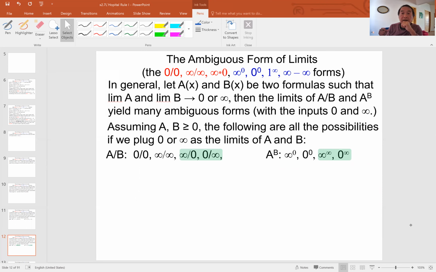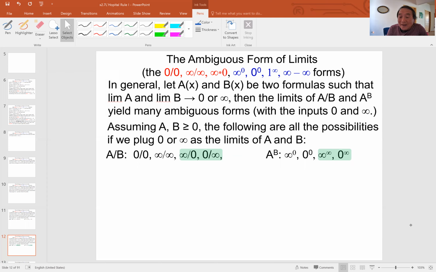In other words, you might have trouble in the fractional form. In exponential form, you get 0 or infinity. So if I stick 0 or infinity into fraction or exponential form, I get all these different possibilities: 0 over 0 in the fraction, infinity to the 0, 0 to the 0.